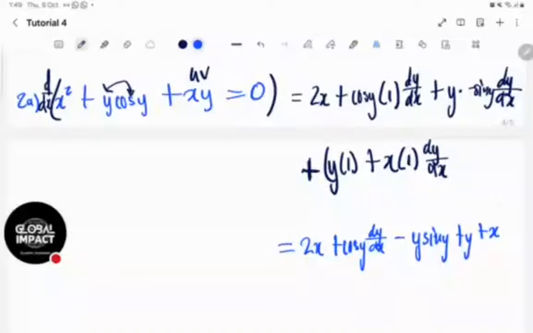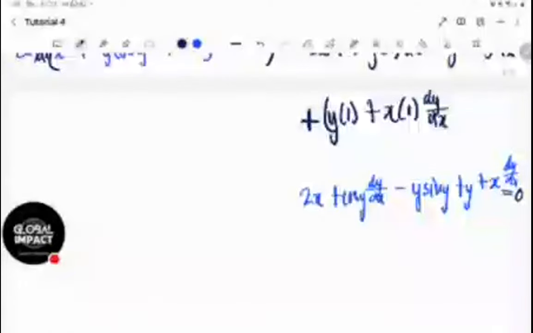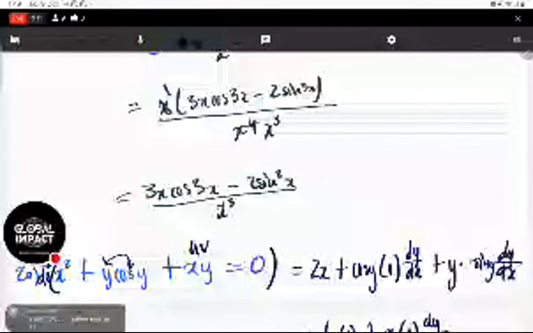So this is what you'd end up having. x times 1 is x, then you should put dy dx. So what will actually then happen is you make this equal to 0. You should know that it was equal to 0 because you are going to also differentiate the 0. Derivative of 0 is 0.